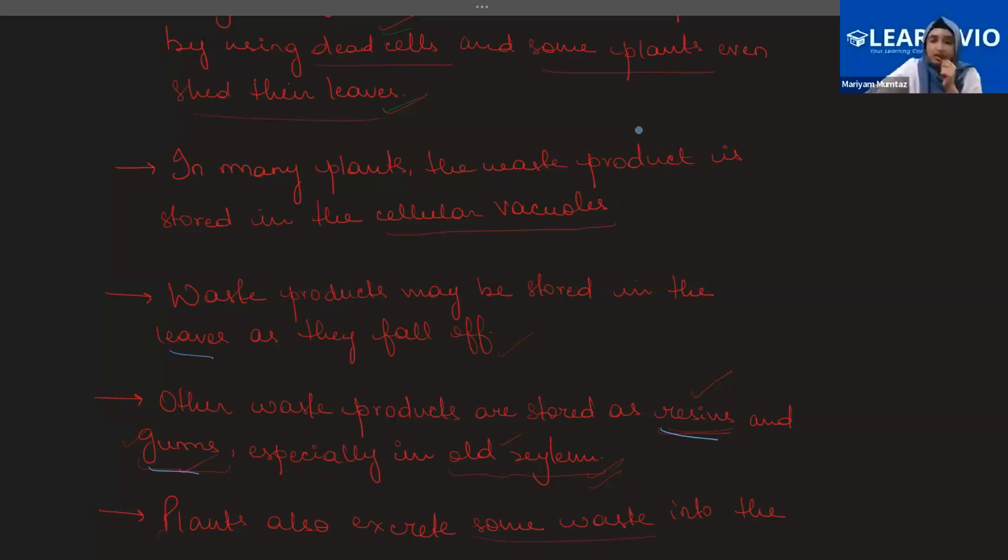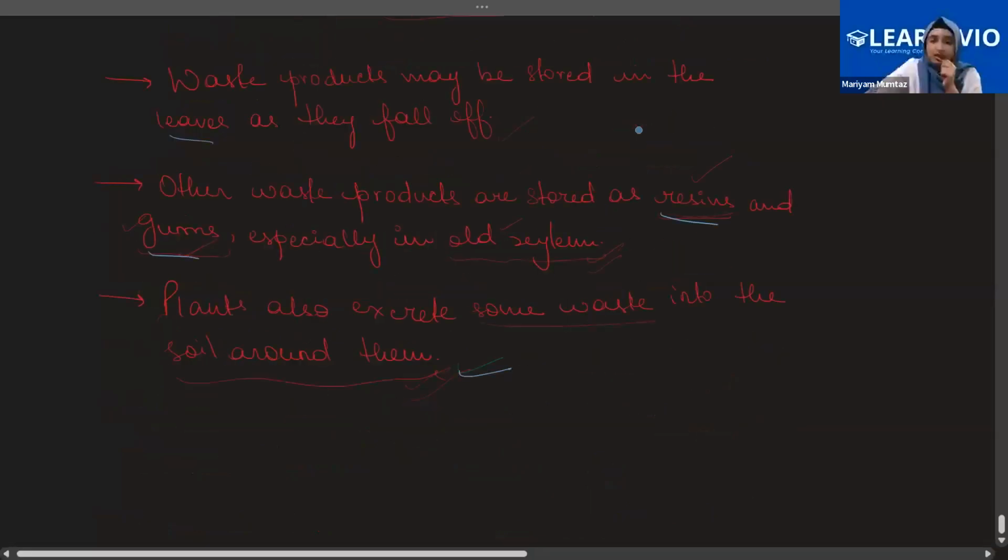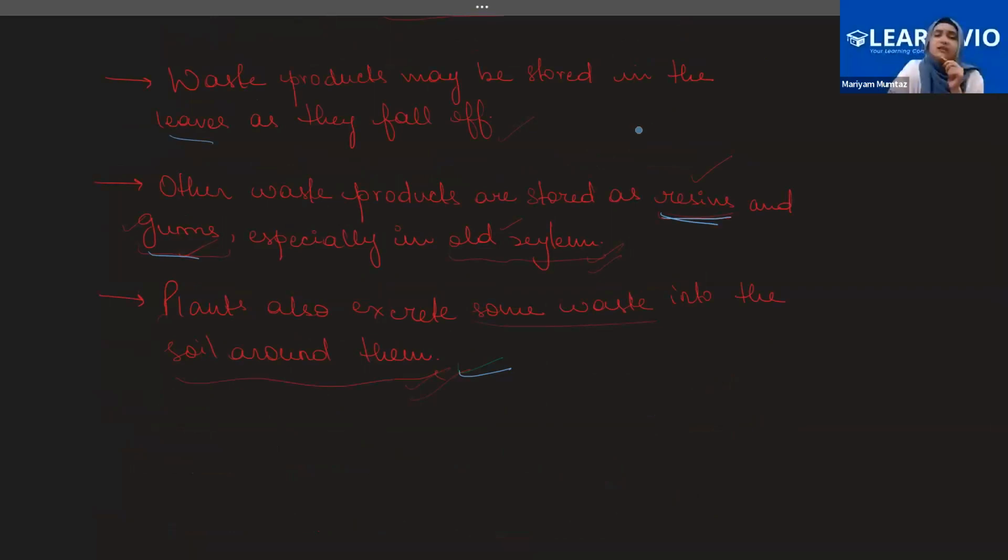There are certain other waste products that are stored in the form of resins and gums, especially in the old xylem tissue. And plants also excrete some waste into the soil around them. So apart from all of these methods, the plants also excrete some of the waste into the soil around them.